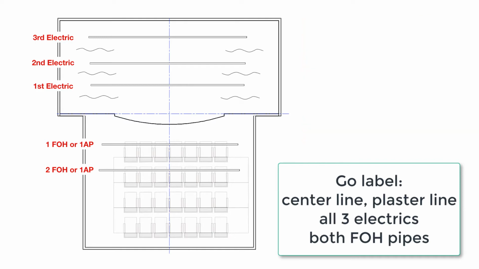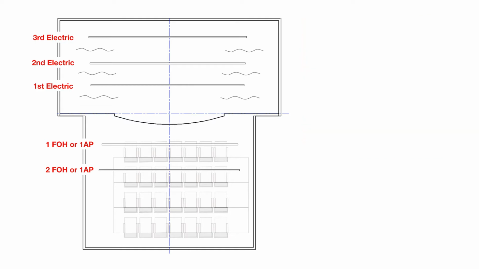So then the next thing we want to understand is, how do we read the rest of the symbols on the light plot, okay? So this is your symbol key. This is going to be on every light plot you ever see. There will be some sort of a key, and it's going to tell you what the symbols in the plot are with respect to each individual type of light, okay?